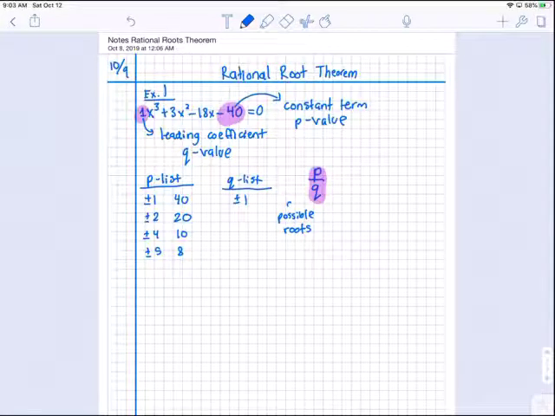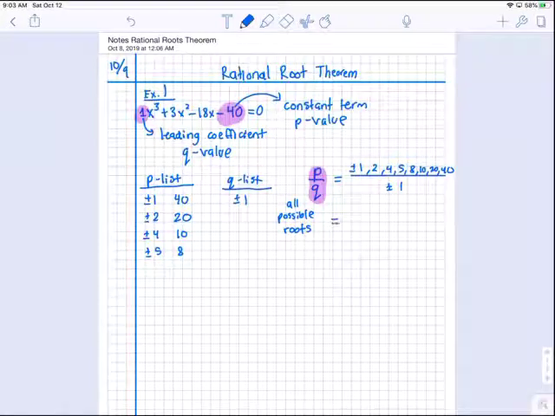So our P over Q is basically what we got to the left. So plus or minus 1, 2, 4, we're going to write in numeric order, 5, 8, 10, 20, and 40. And then our Q is just basically plus or minus 1.